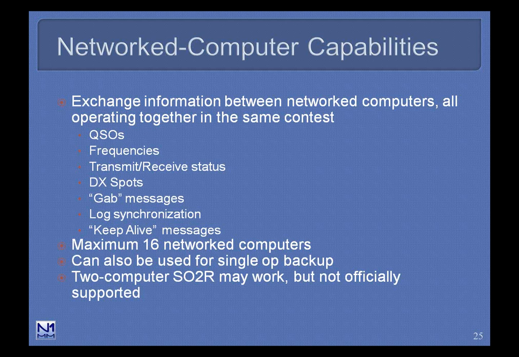DX spots that come in externally from a spotting cluster are sent across the network, and GAB messages that let you talk to other members of your multi-op team are sent. One very important thing is log synchronization to make sure that things stay in sync, so that if the network goes down temporarily or a computer goes down, everybody gets back on the same page together.